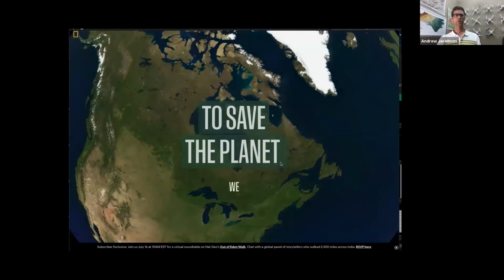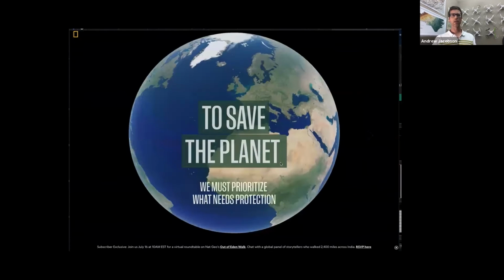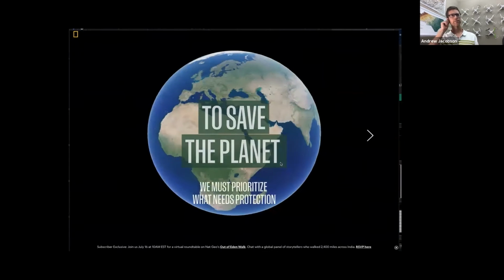To save Earth and humanity, more of Earth needs to be protected. And the approach to increase protection must be smart, swift, and targeted, as humanity's impact on the planet keeps expanding and we have limited resources. So we need to prioritize what areas are protected, and we need data to guide those decisions.